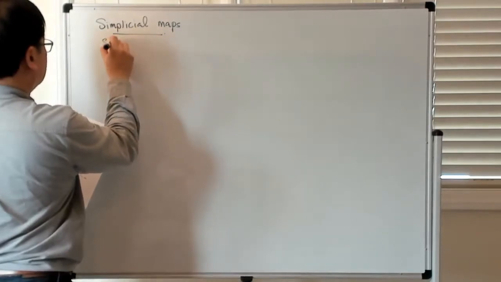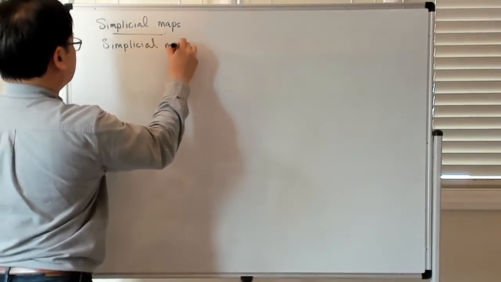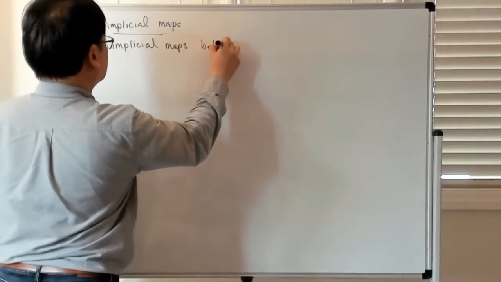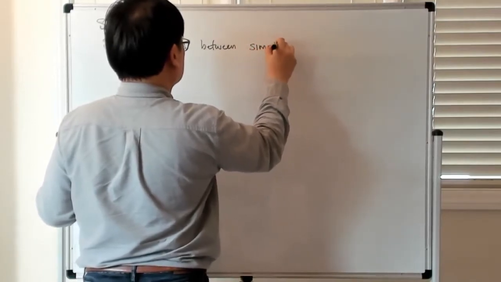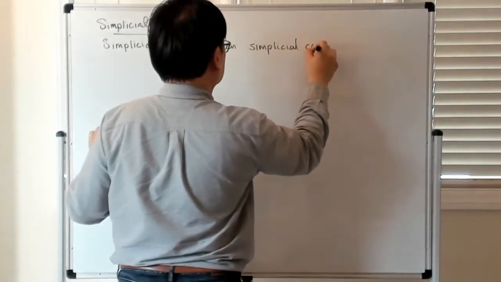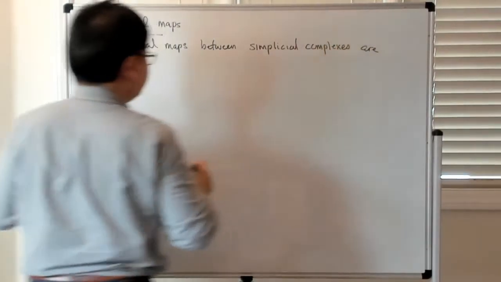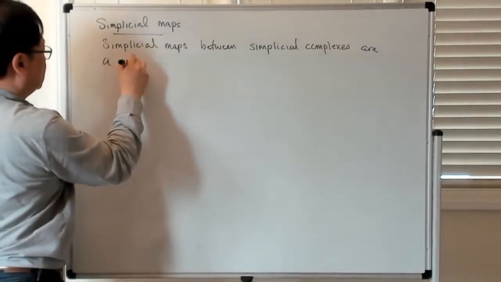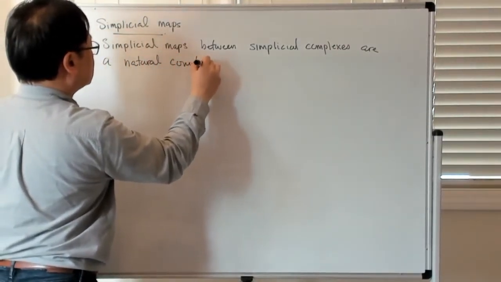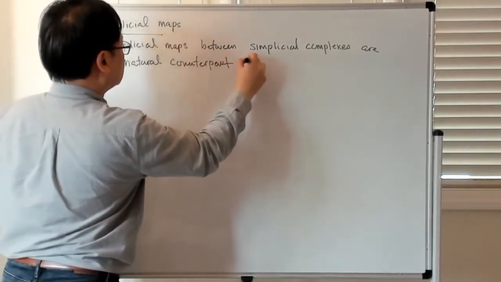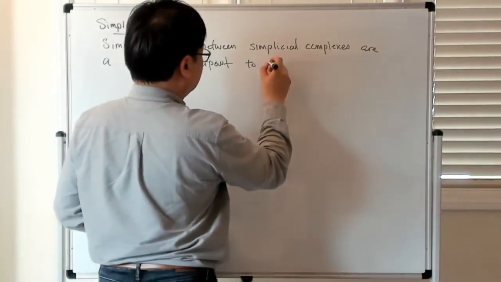So simplicial maps between simplicial complexes are sort of a natural counterpart to continuous maps between topological spaces.